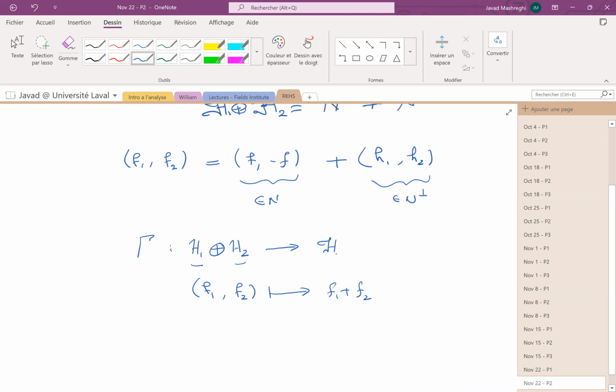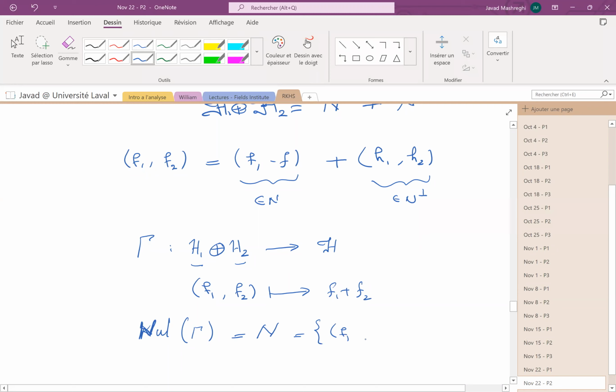And the kernel, or better to say the null space, of gamma is precisely what we called N. Because it's all f1 and f2 such that f1 plus f2 is equal to 0.